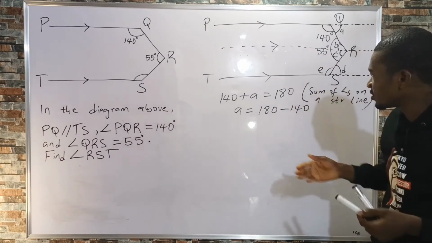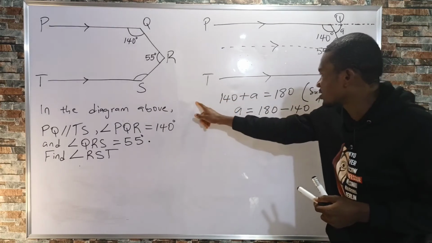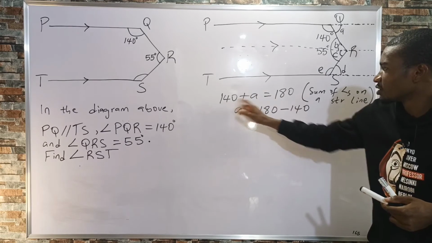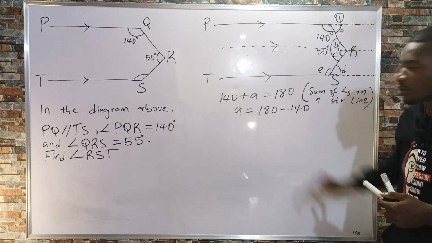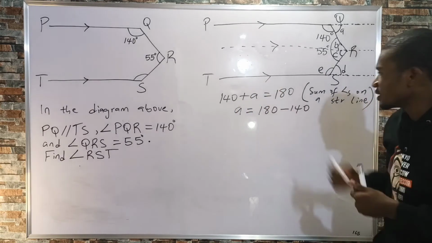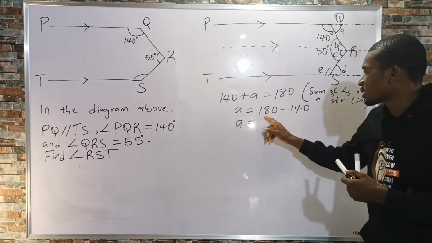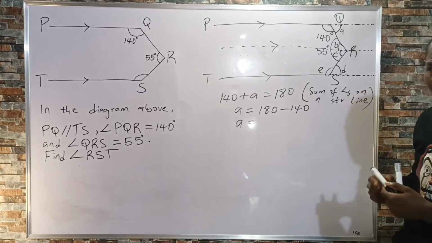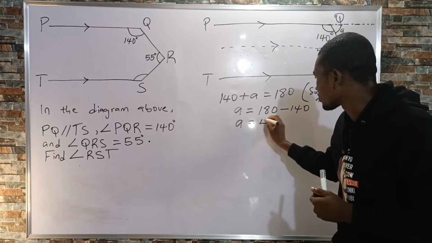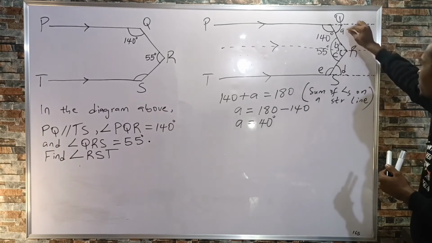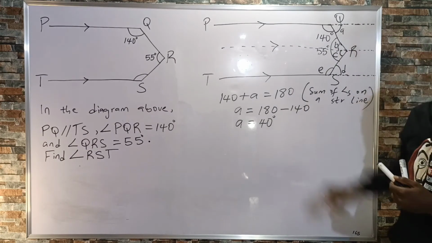What I just did was to subtract 140 from both sides of this given equation, such that A is made the subject of this given equation. Then our angle A is equal to 180 minus 140, which will give us 40 degrees. That is very simple. So the angle A here is 40 degrees.